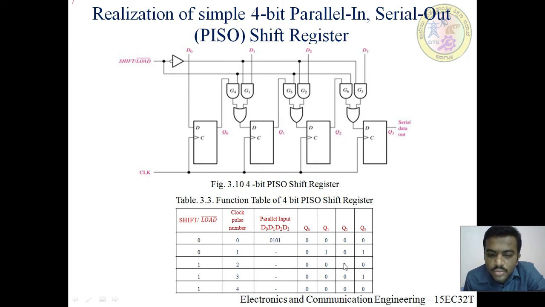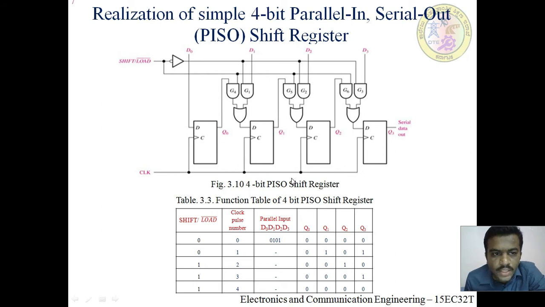Now you have Q2 set to binary 1. Similarly, the value of Q2 at the end of the first clock pulse was 0. This will be shifted to the output of the fourth flip-flop. Hence, the value of Q2, 0, is shifted to the output Q3.